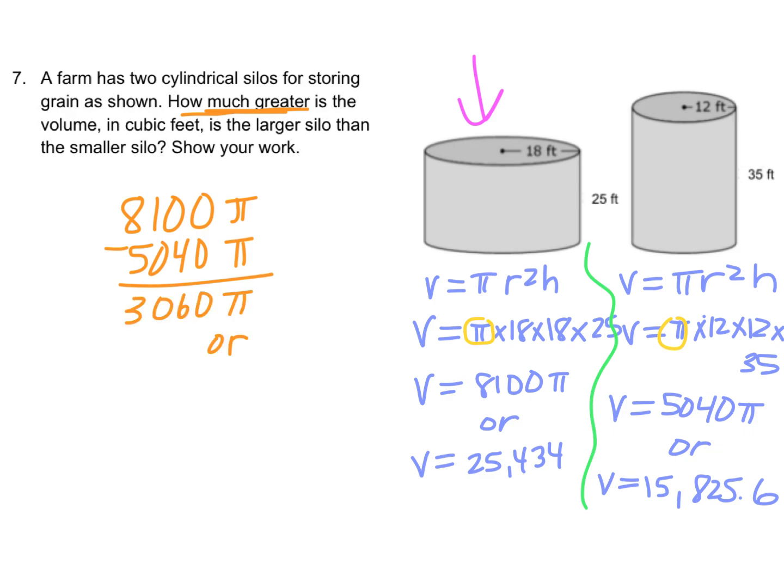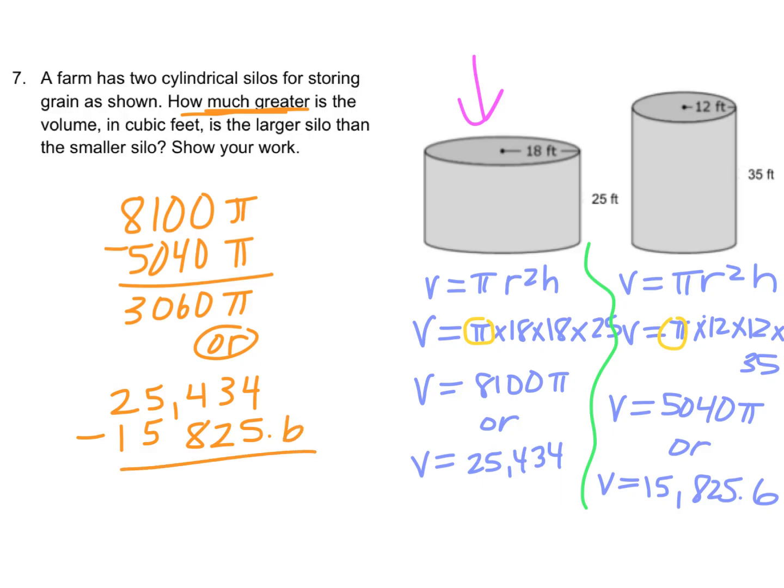Or if we just want to do the exact answers, I can take these two values and subtract them to figure out how much greater that first one is. So let's subtract those values.